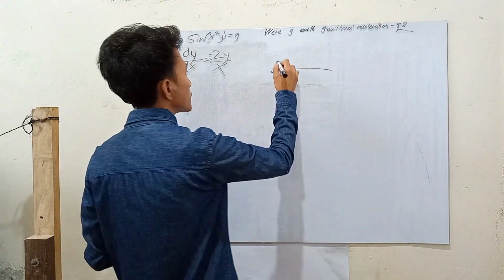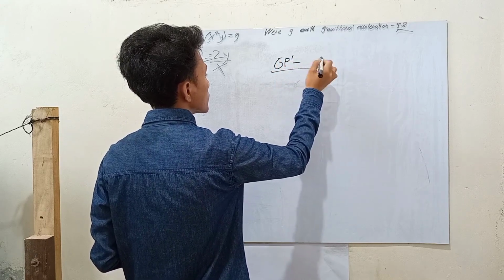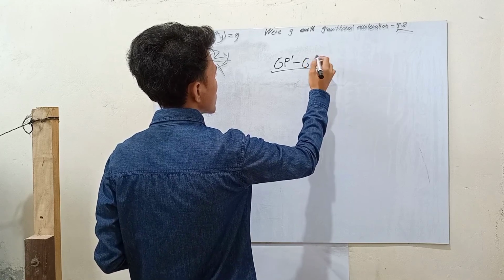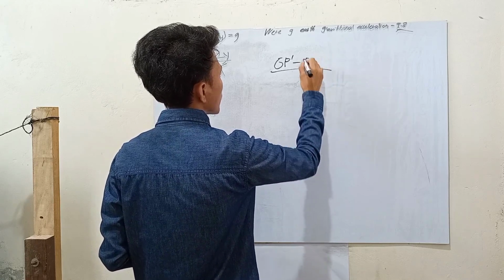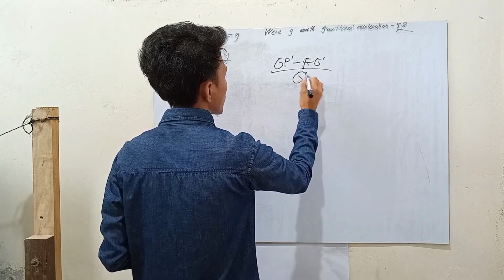The formula of the quotient rule is g f prime minus f g prime, over g squared.